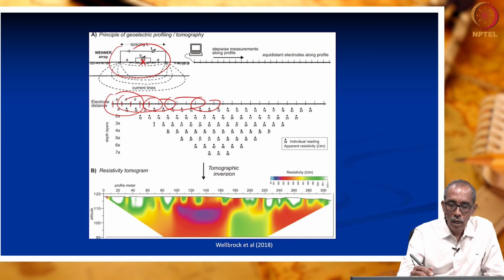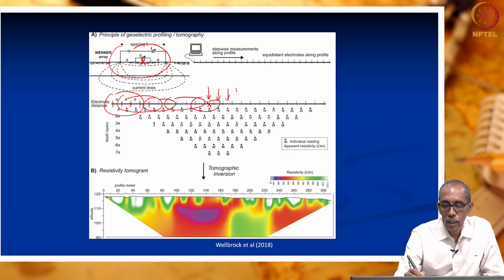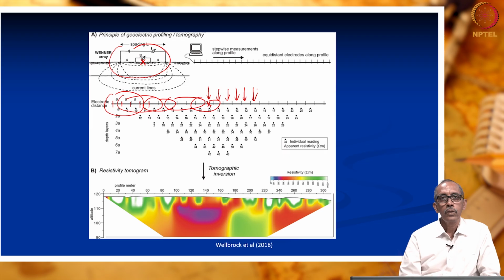Then we also do, let us imagine this is the center point of the spread, vertical electrical sounding for this point. Similarly, vertical electrical sounding for this point, this point, this point. So, we carry out both profiling as well as sounding to understand the subsurface, right.